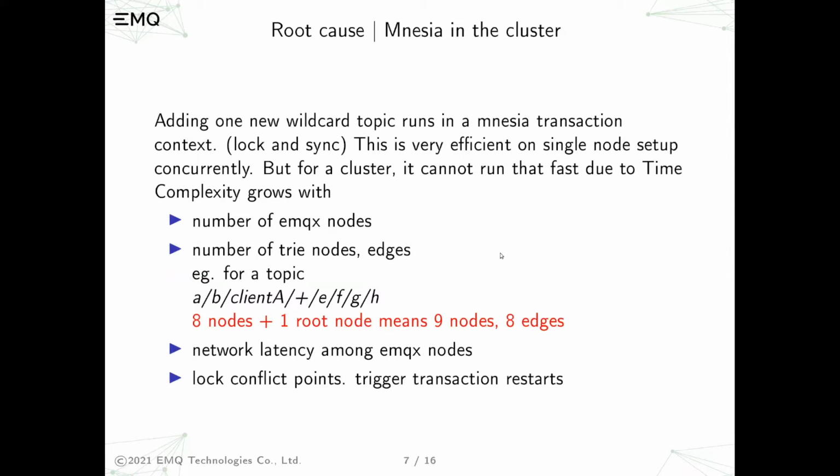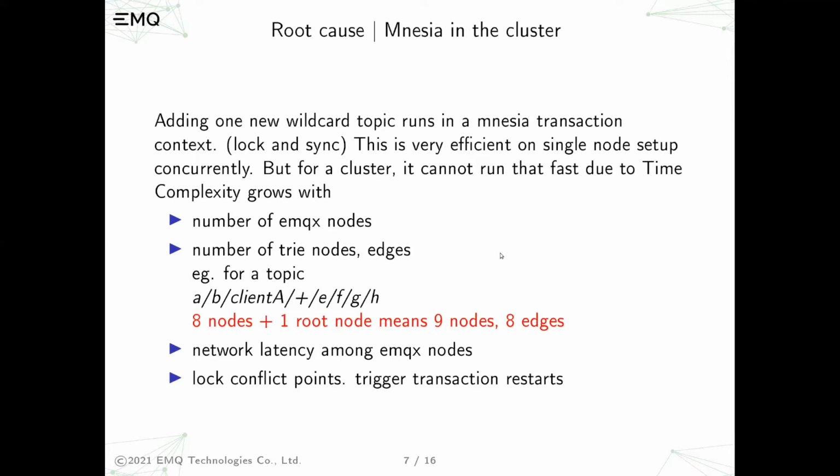The second root cause is Mnesia in the cluster. The manipulation of wildcard topics runs in a Mnesia transaction context. If you don't know what a Mnesia transaction is, we can say it in other terms: it's a lock and sync.